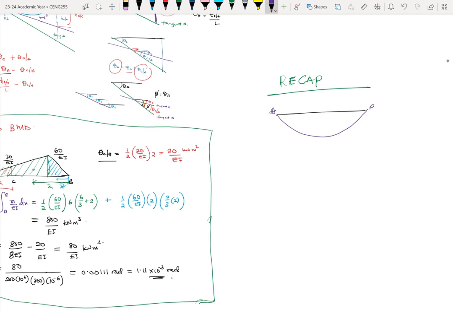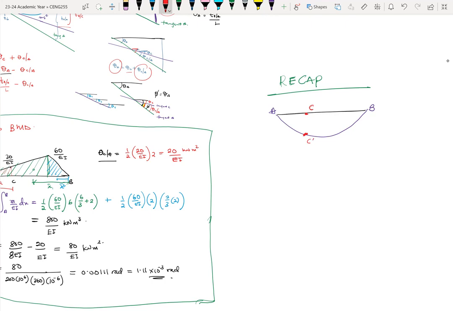So this beam AB, at any point along the beam, will have some rotations and also some deflections. For example, if we take point C, which is some distance on the span, once the beam deflects, this becomes the new point of C. Let me call it C prime, just for emphasis sake.